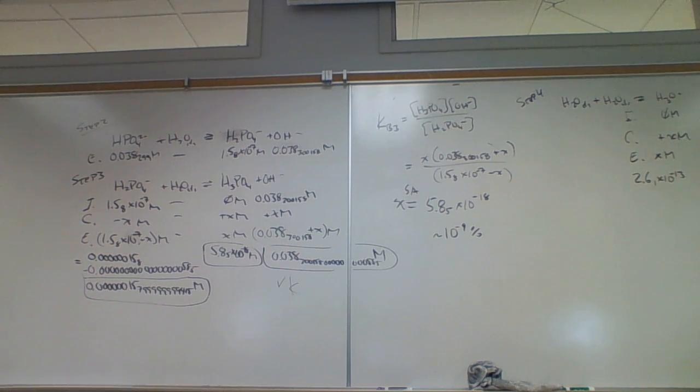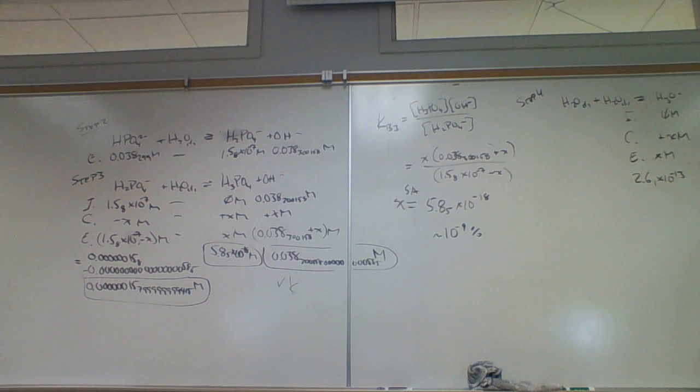I wouldn't. If step 2 had a K value of 0.011, would you bother doing step 2 for the pH calculation? I would, because that's significant. It's a pretty big K value, so I would worry about it.